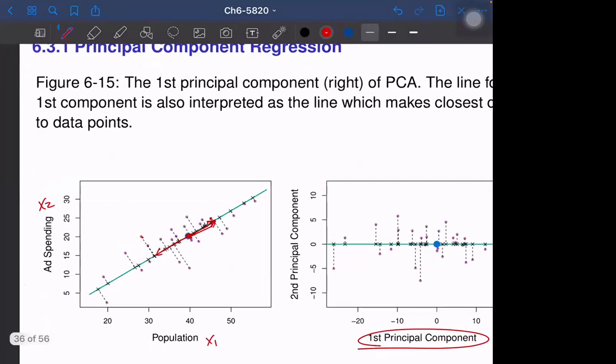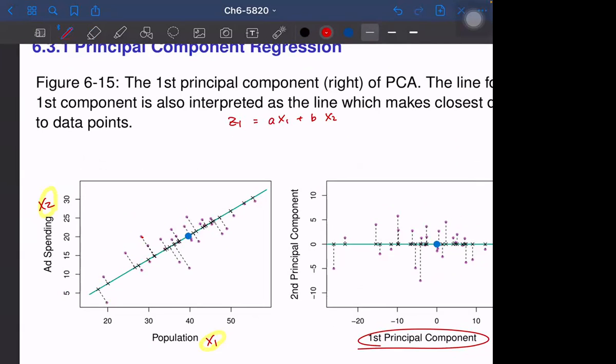So suppose that we have 2 variables, x1 and x2, population and advertisement spending. But we would like to use only one variable, z1, which is the linear combination of x1 and x2 to represent most of the information in x1 and x2.